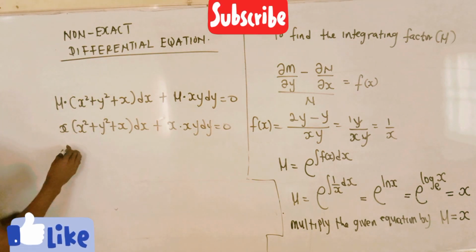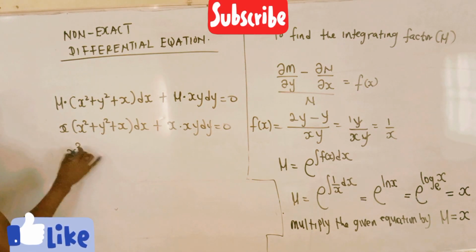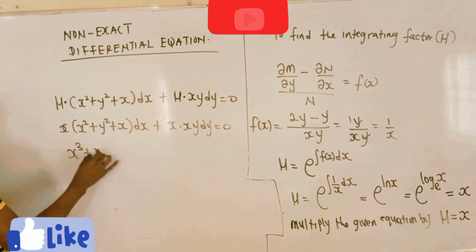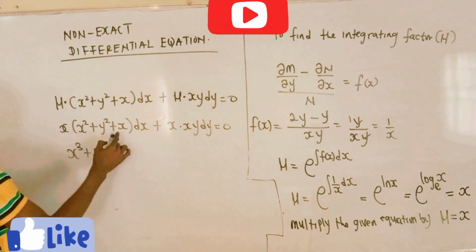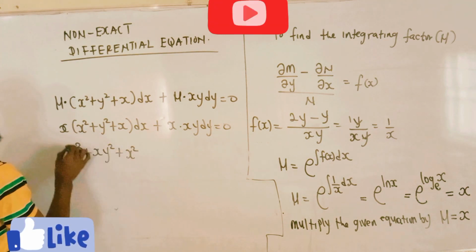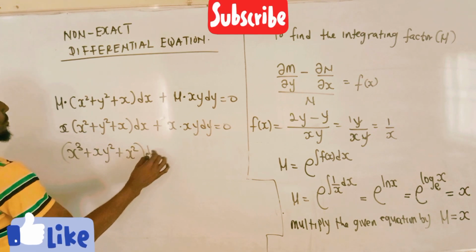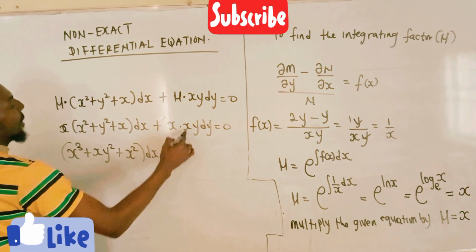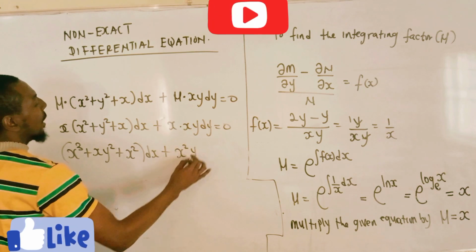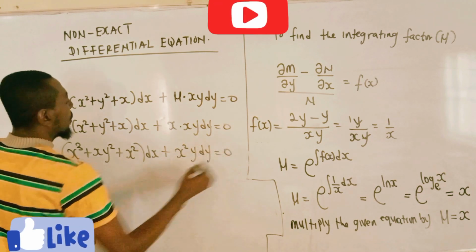Okay, x multiplied by x squared is x cubed, x times y squared is xy squared, x multiplied by x is x squared, and x multiplied by xy is x squared y, dy equal to 0.